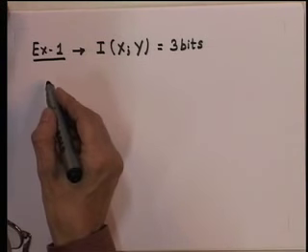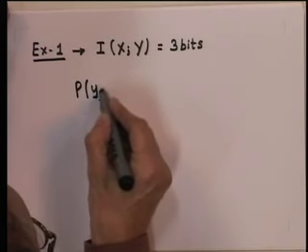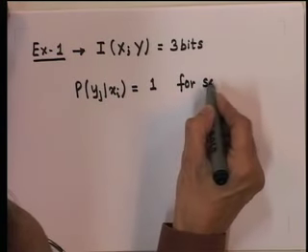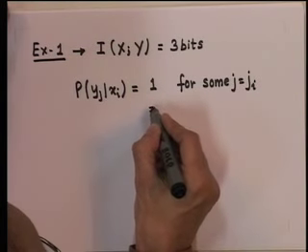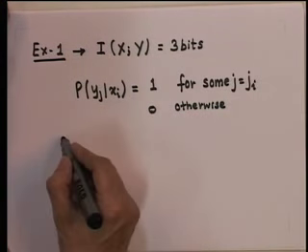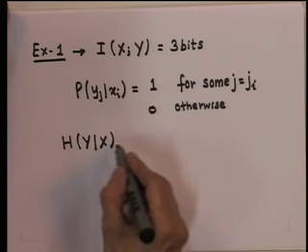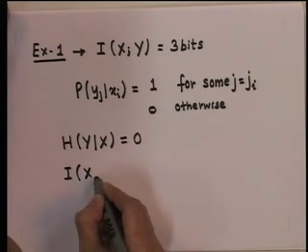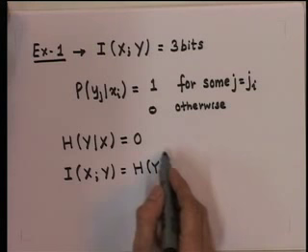In fact, notice that whenever the conditional probabilities are constrained to be of the form given, equal to 1 for some j equal to j(i), and 0 otherwise, then the conditional entropy H(Y|X) is equal to 0, and in this case the mutual information is equal to the entropy of Y, which had been a measure of rate.